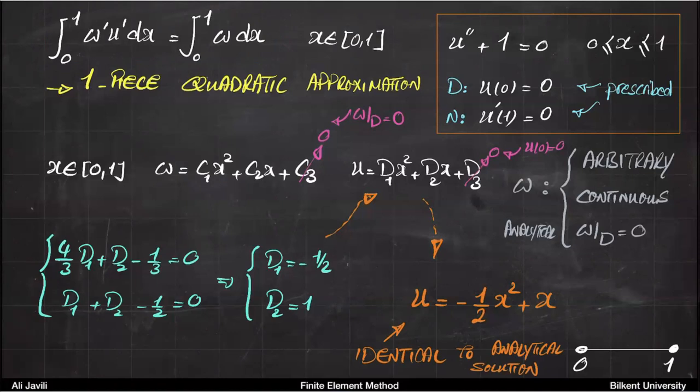We did not take advantage of the analytical solution. So it's still our approximation, but it looks like a very good approximation. It's still an approximation that has zero error, or it happens to have zero error if you want.